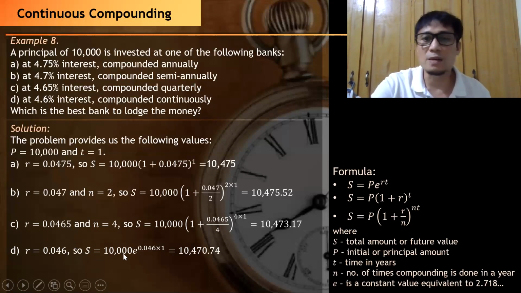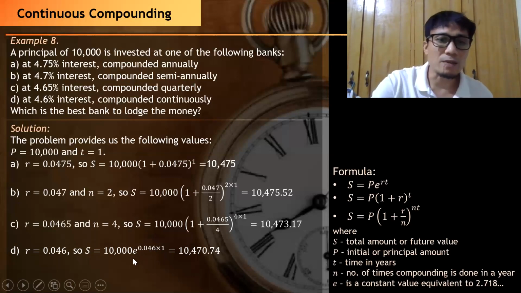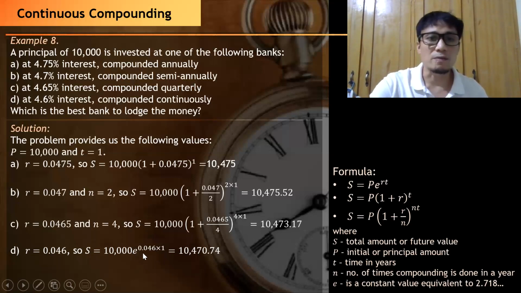So you have 10,000 times e, the Euler's number, raised to 0.046, that's your R, times 1, which is your T. And you have 10,470.7. By the way, this e is in your calculator. You can easily find that. In most calculators, it is very close to the function for natural logarithm, so you can just look for that.